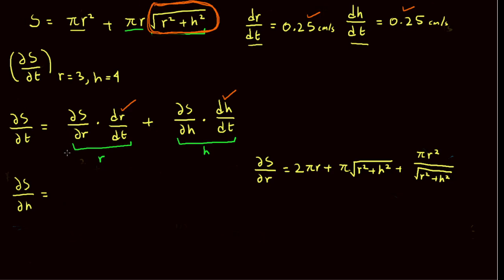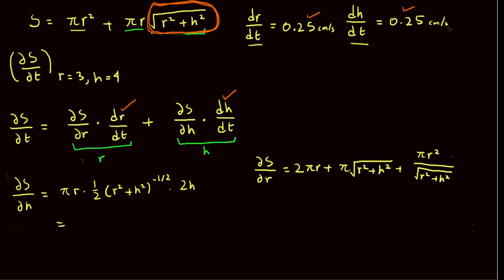So it will be just simply pi r times half, r square plus h square to the power of negative half, times 2h.